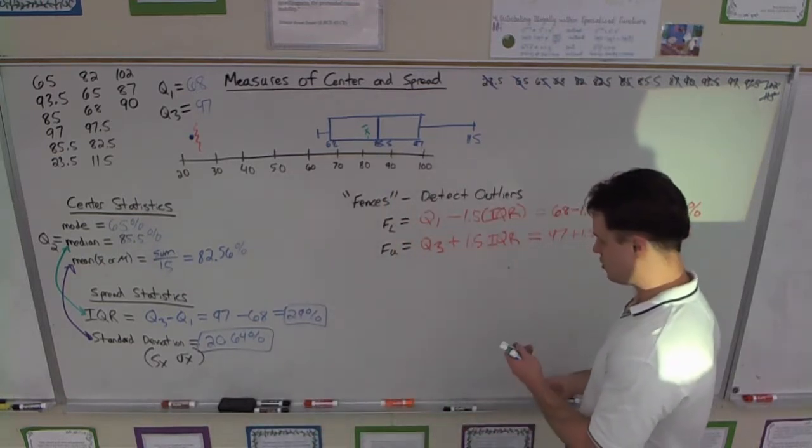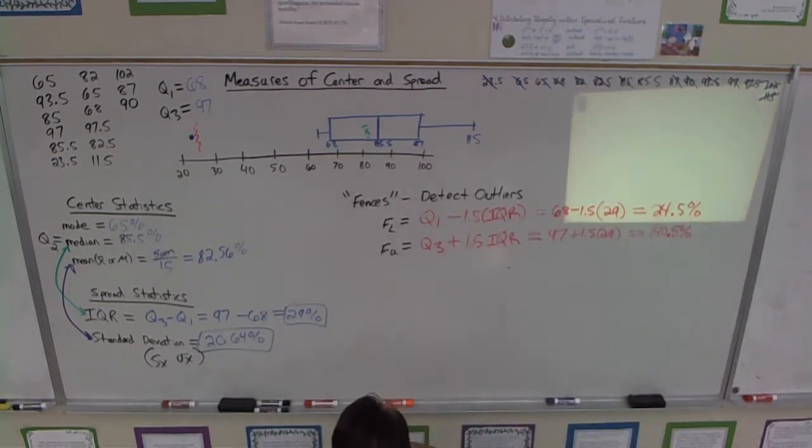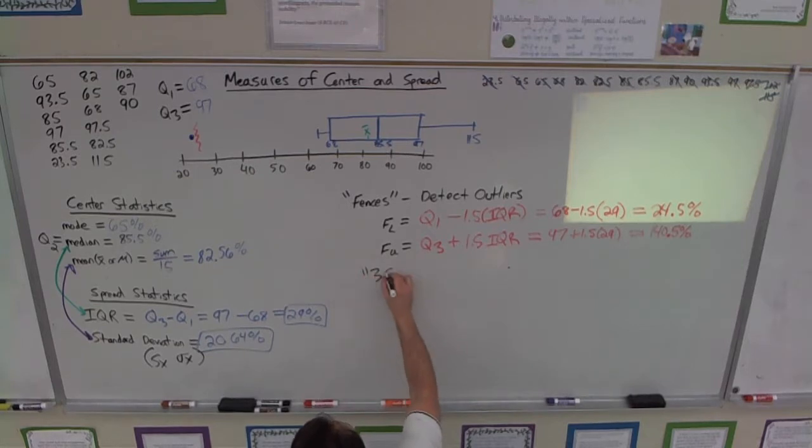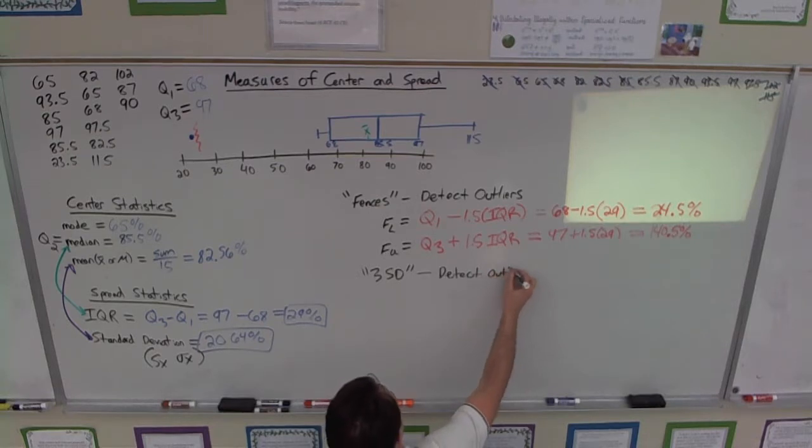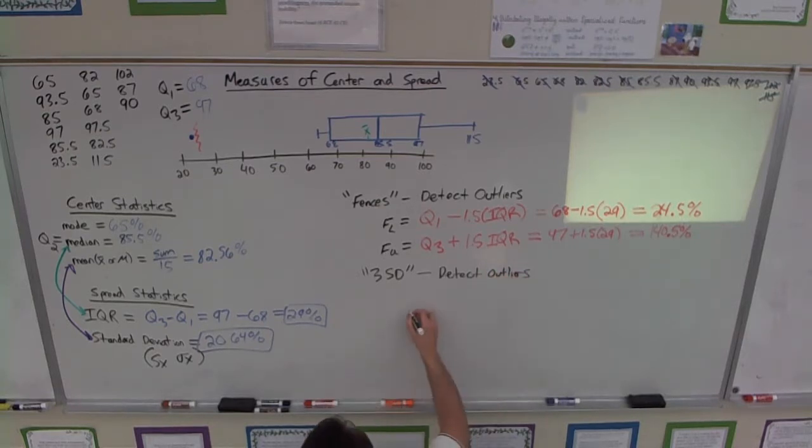So, what's the fence detection or outlier detection method for that? We're going to say 3 standard deviations. And this is kind of vague, but that's all we're going to do for today. So this is another way to detect outliers. If you have a value that you think might be an outlier, you say, what is that value?